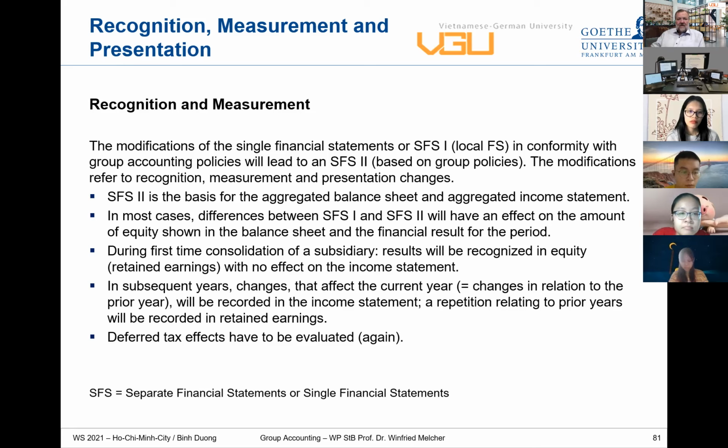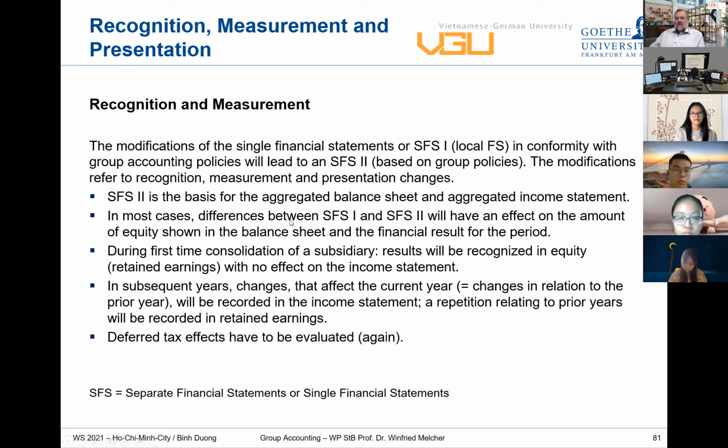So you have some group adjustments, and those may affect retained earnings. That is why in most cases, and I told you that already, retained earnings of the group will be different because of those adjustments.